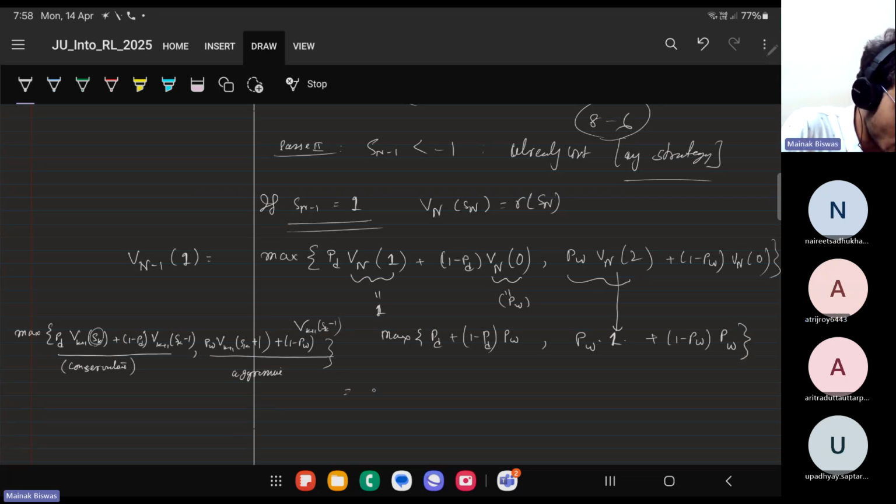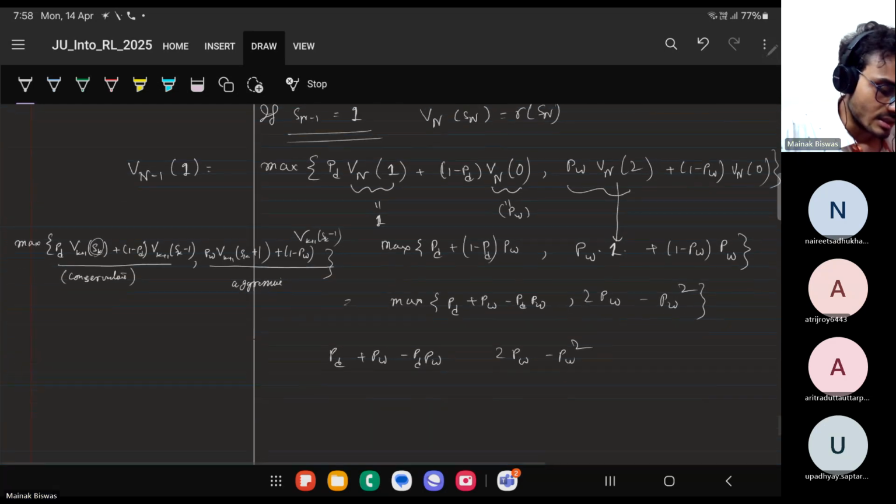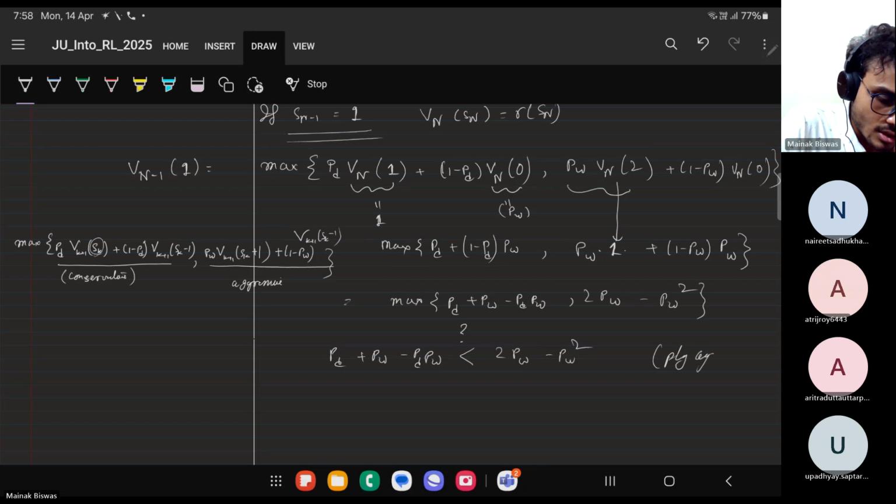Yes. This is the max of P_d plus P_w minus P_w P_d, comma, P_w plus... or 2P_w minus P_w squared. So now let us see P_d plus P_w minus P_w P_d versus 2P_w minus P_w squared. Question mark, I'm putting play aggressive. I don't know which is greater, so I'm trying to find that out.